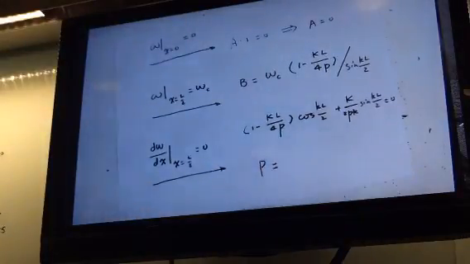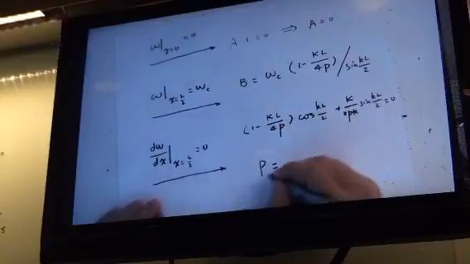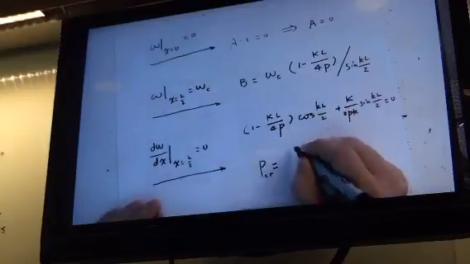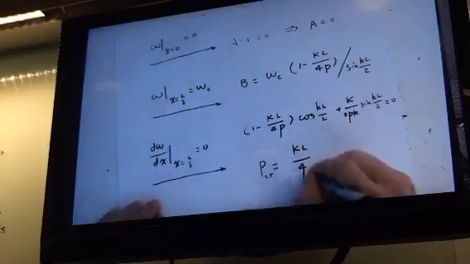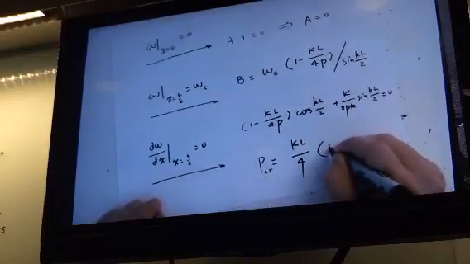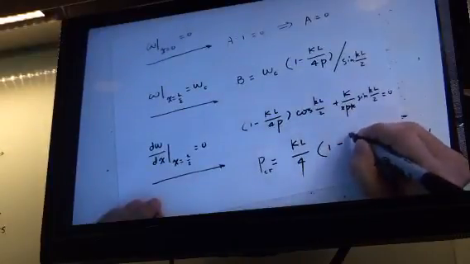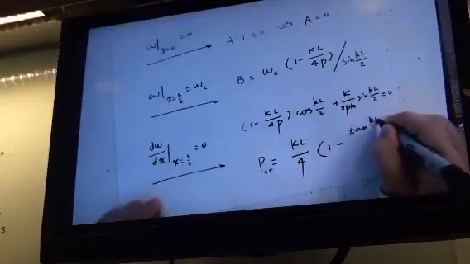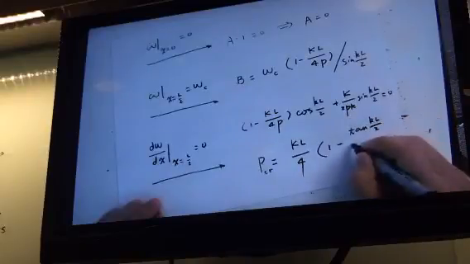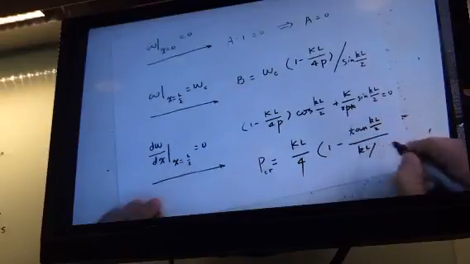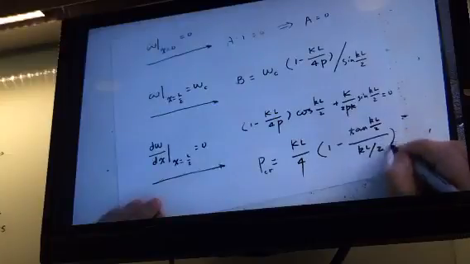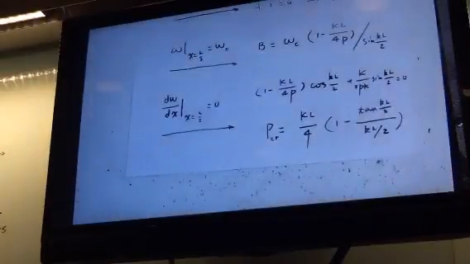You didn't finish solving this actually. So PCR will be equal to KL or 1 minus. This is a critical loading for this column to have buckling.